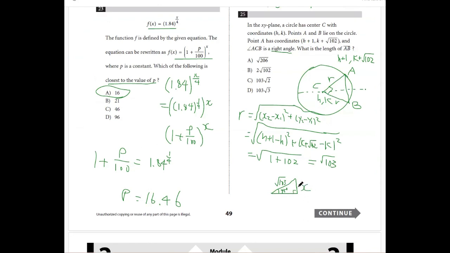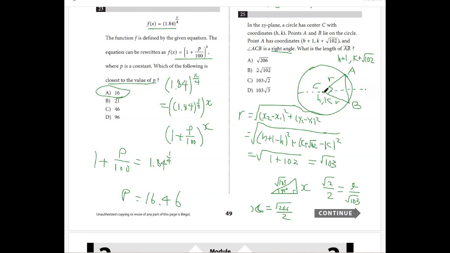Okay. And sine 45, which is square root 2 over 2, is equal to x over square root 103. And now solving for x, you have square root 206 over 2.